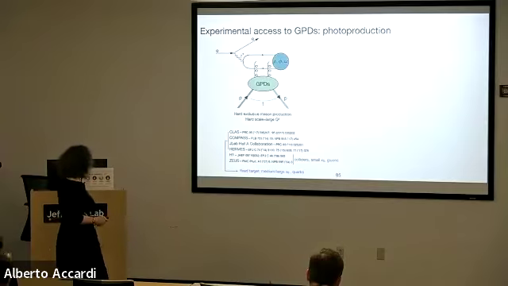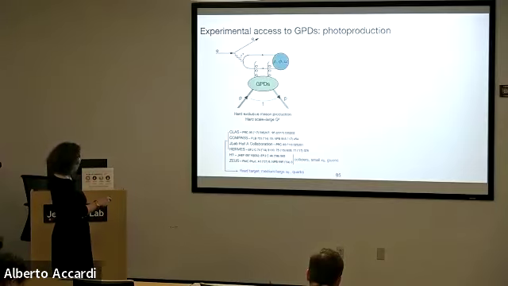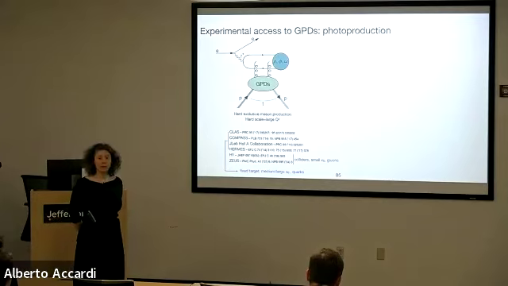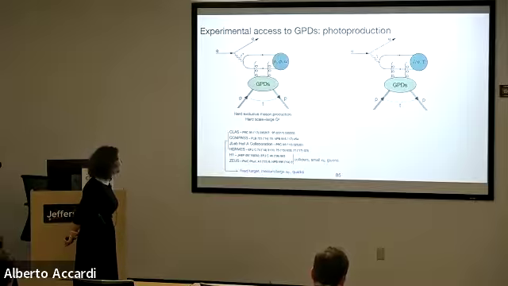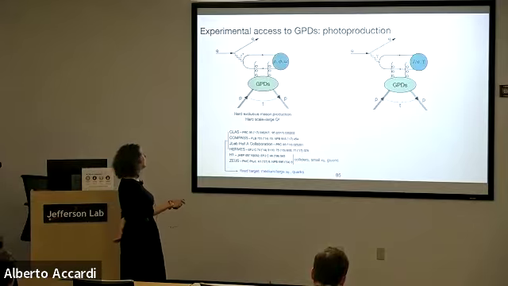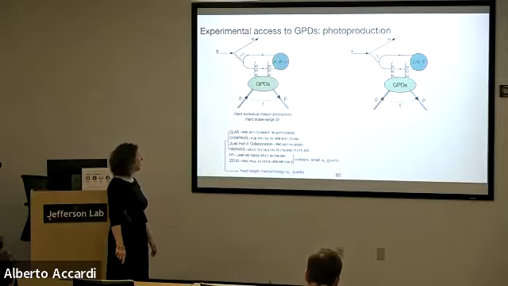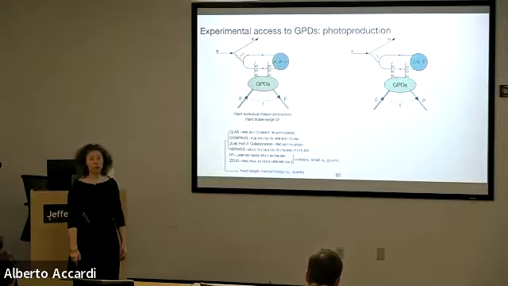Now, I told you that we need a hard scale, which can be provided by a high virtuality of your virtual photon, so a large four-momentum squared. But you can actually also learn about GPDs if your photon exchange between the electron and the proton is not virtual, but is a real photon or a quasi-real photon.